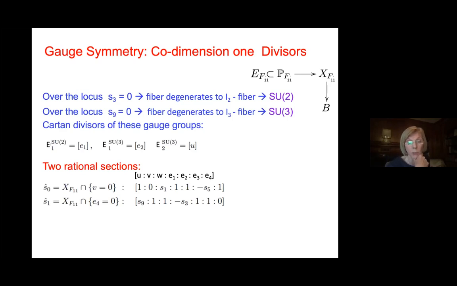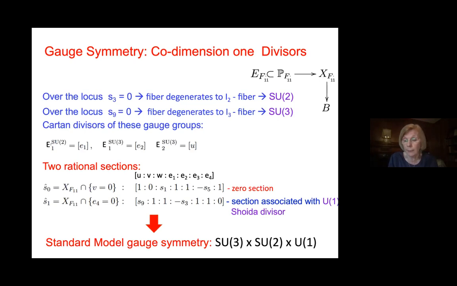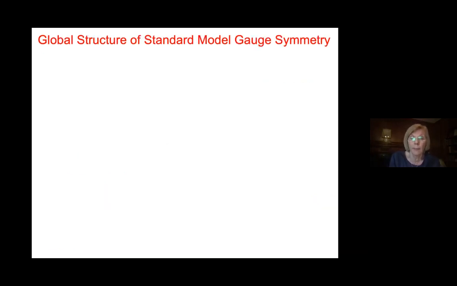Furthermore, this construction has, in addition to the 0 section, also an additional rational section associated with the U1 divisor described by the Shioda map divisor. So we are dealing with the gauge symmetry that is that of the standard model, SU3 cross SU2 cross U1.